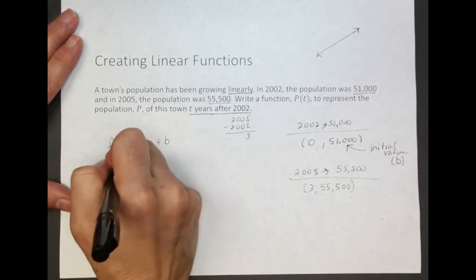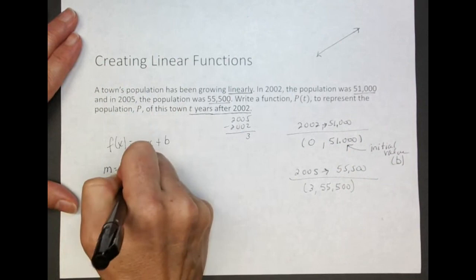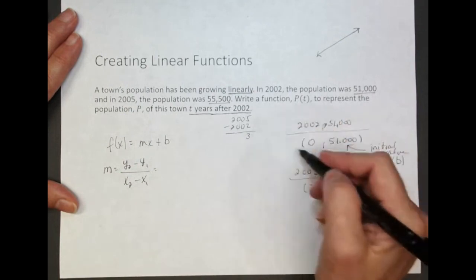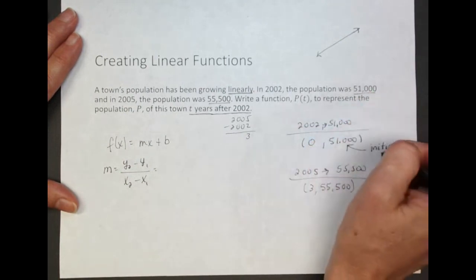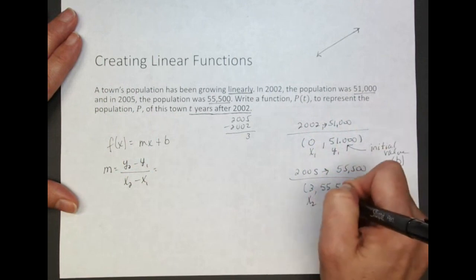Let's do it. Slope is the change in the outputs over the change in the inputs, right? Or, let's see, we'll let this be my x1 and my y1, my x2 and my y2.